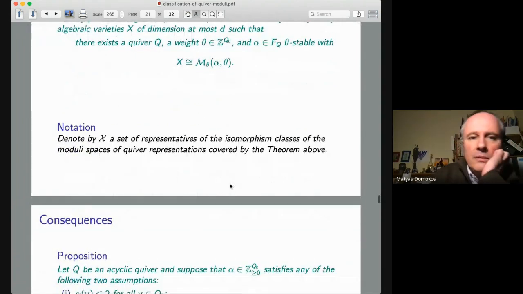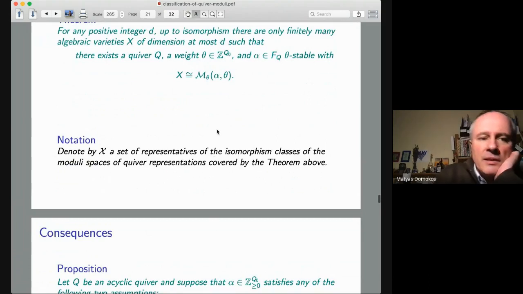In order to state some consequences, let's denote by X a set of representatives of the isomorphism classes of the moduli spaces covered by this theorem.